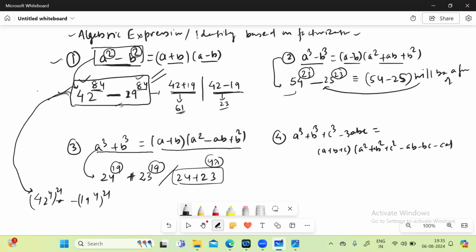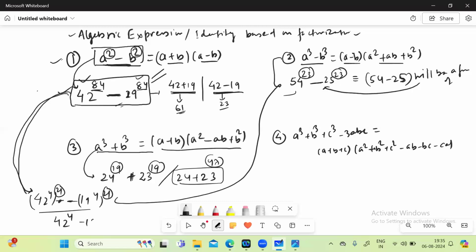So this particular expression got converted into this one, where we have two odd powers and a minus sign between them. So this number will be divisible by 42 to the power 4 minus 19 to the power 4. Similarly, we can convert the other one also, if there is a possibility of doing that. This is some extra complexity that your question can have, but many times the basic version will be enough to solve the question.